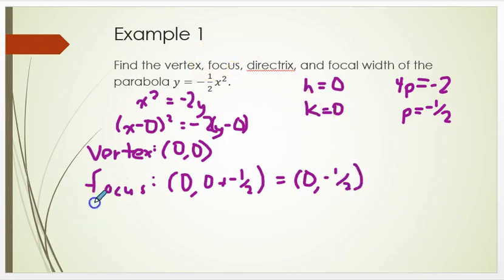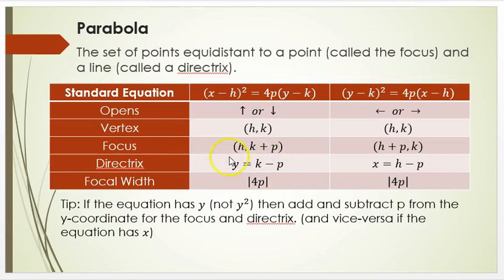Next, we need the directrix. So again, we'll compare that to the formulas on the other slide. You can see here that our directrix will be y equals, you have to include that part, k minus p. Y equals k minus p.